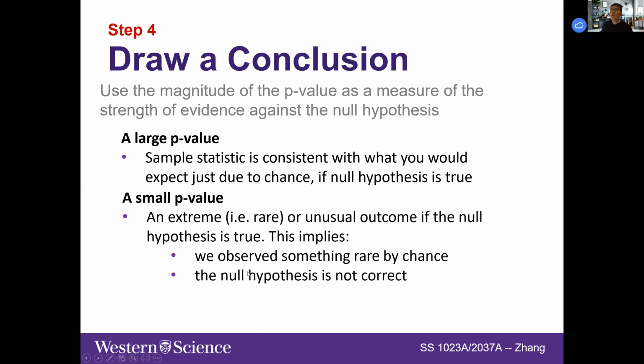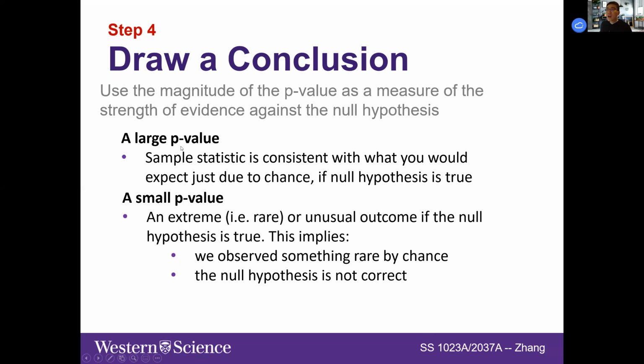Finally, we draw a conclusion based on the p-value we just got, because the p-value tells us how extreme our data set is, right? We get a p of around 0.003, which is a very small number, which means only a small proportion of the probability that we would get a more or even weirder result than we have right now.